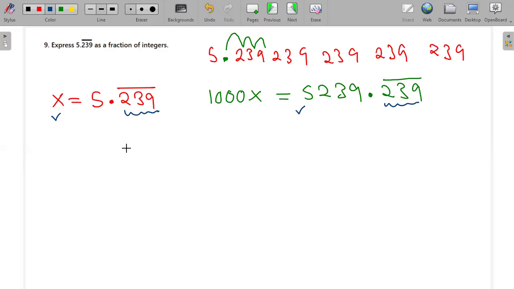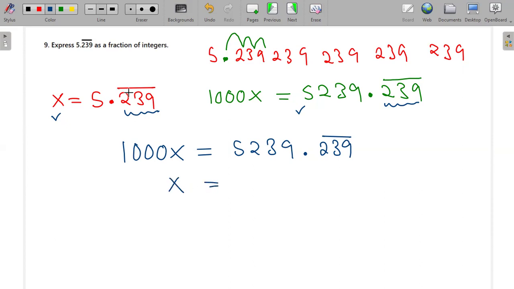So I'm going to say 1000x is equal to 5239.239 bar. And then I'm going to put here down x is equal to 5.239 bar, with the point in the same line here.